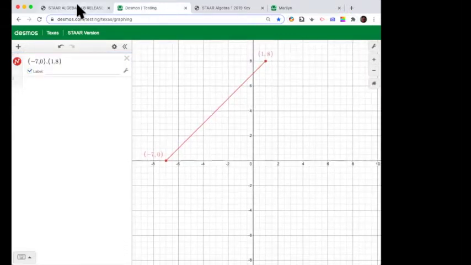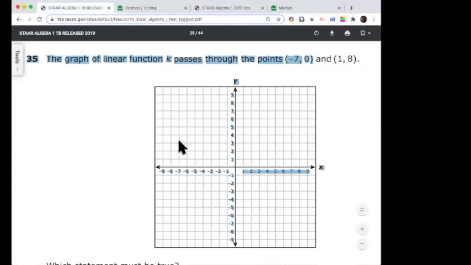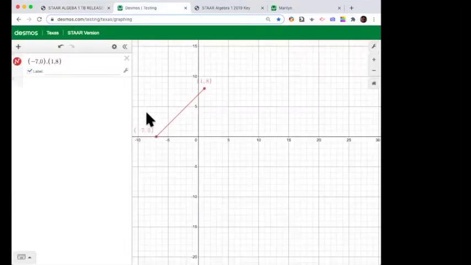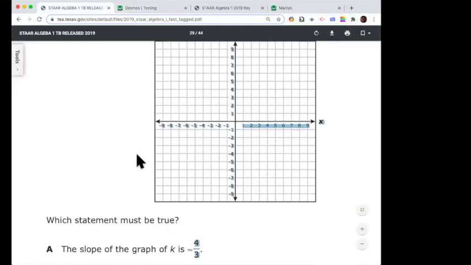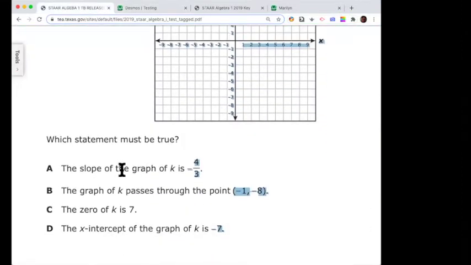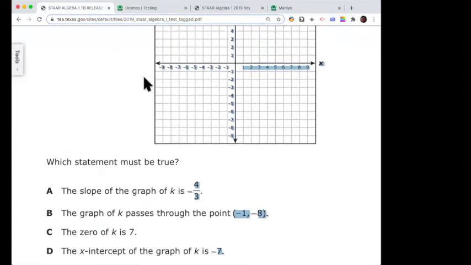And the question asks which of these statements is true about the graph of function k that passes through these points. Is the first one correct? Take them one by one. The slope of the graph of k is 4/3.